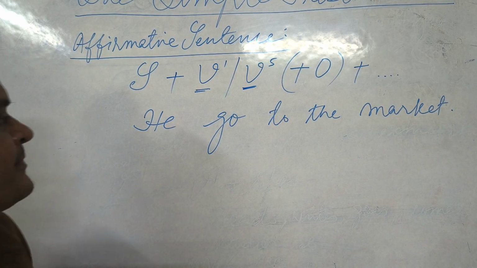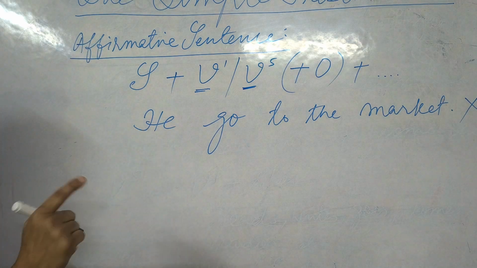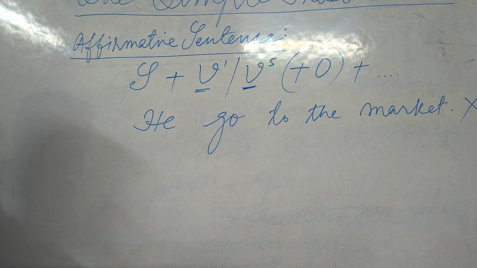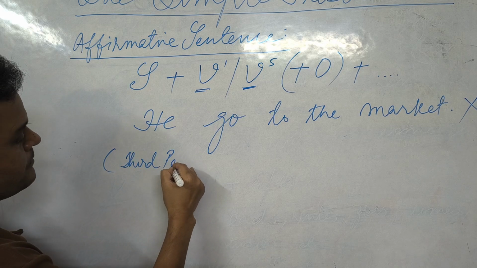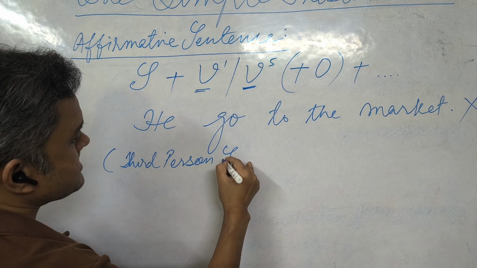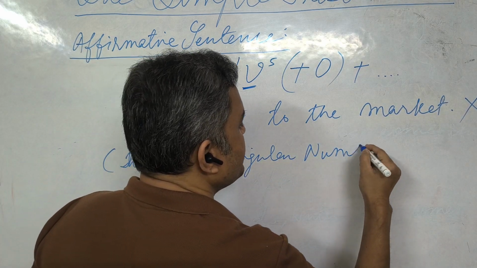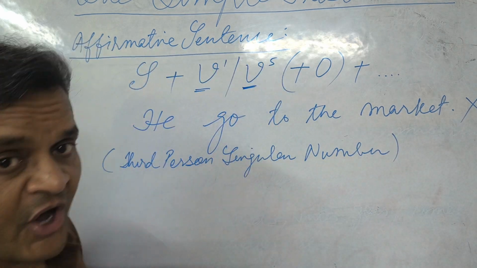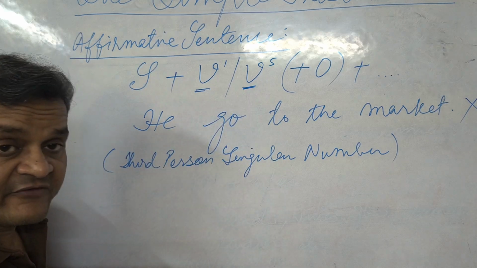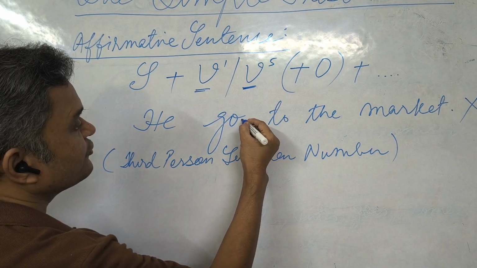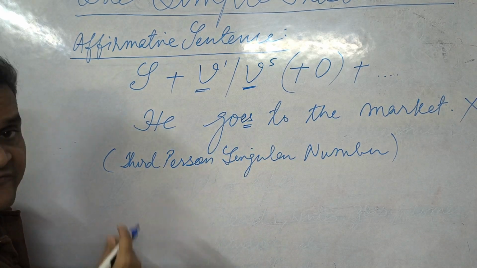This is wrong because we have seen that when the subject is he or the third person singular pronoun or a singular noun, then we use the V5 form, which is usually made by using s or es after the verb.